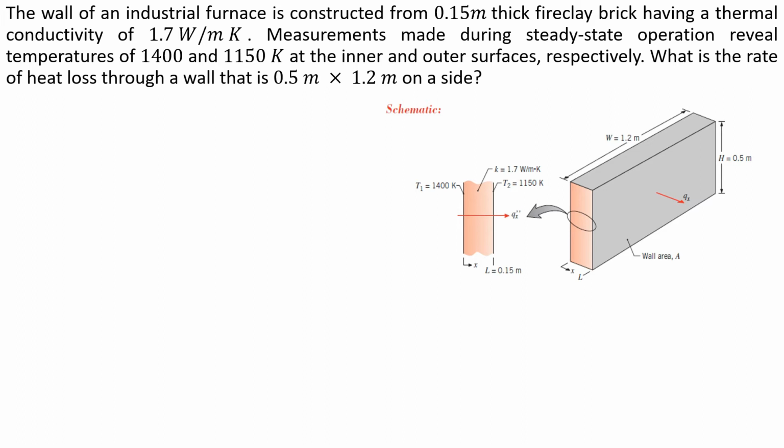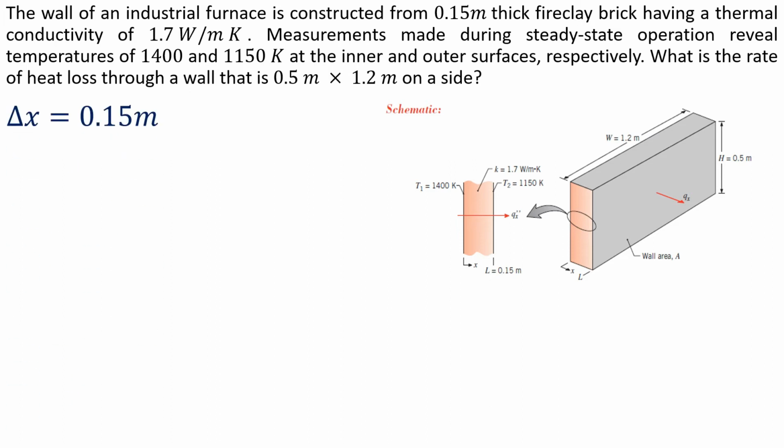The inner side of the wall, shown here, is at a temperature of 1400 Kelvin, and the outer side of the wall is at a temperature of 1150. Heat will transfer from higher temperature to lower temperature. Heat will flow in this direction, which is shown here by this arrow Qx.